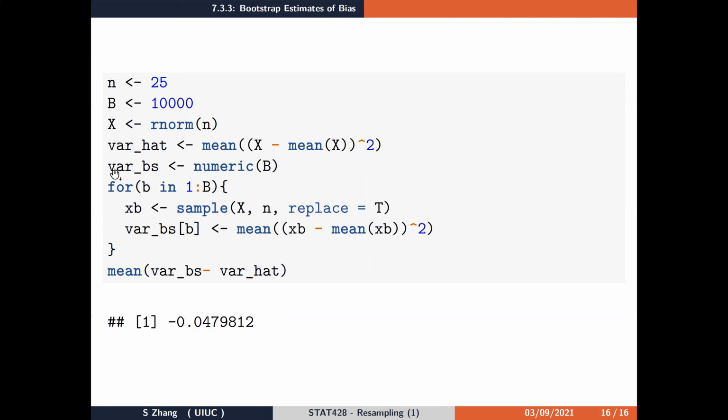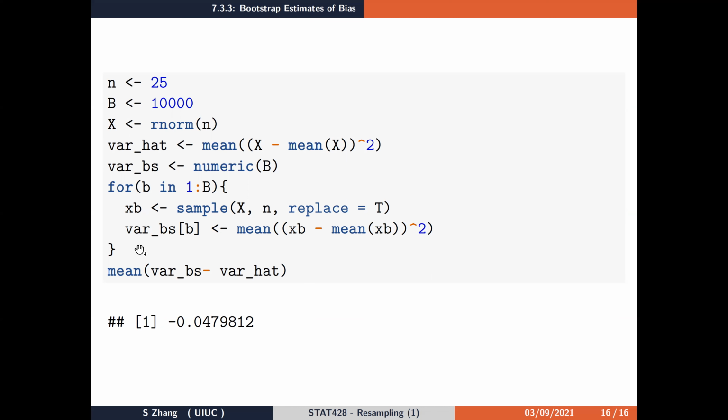And then let's find the equivalent across the bootstrap replicates. Across the bootstrap replications, for b in 1 to large B, we first do the resampling. So we sample n values from x with replacement, and then we calculate the corresponding MLE using this bootstrap sample.